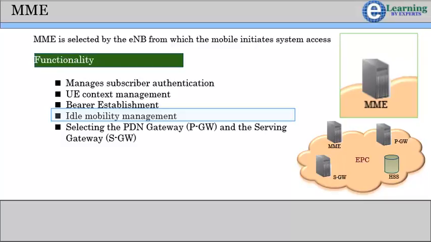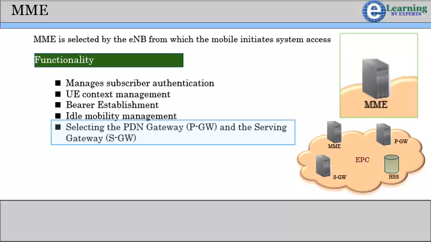For idle UEs that need to be reconnected to the access network to receive downstream data, the MME will initiate paging to locate the UE and re-establish the bearer paths to and through the UTRAN. In the establishment of the user's data bearer paths, the MME is responsible for selecting the PDN Gateway, PGW, and the Serving Gateway, SGW, which will make up the ends of the data path through the EPC.